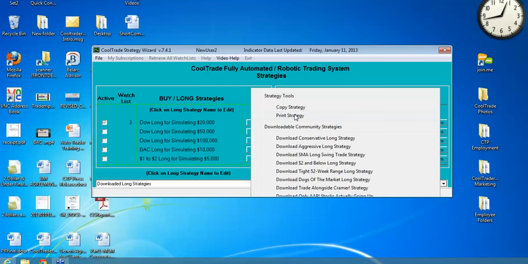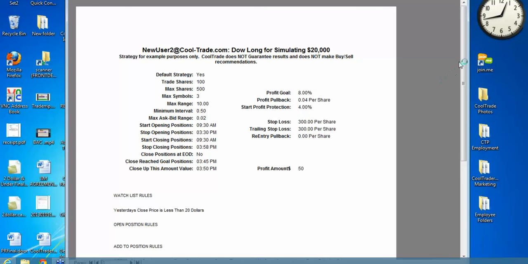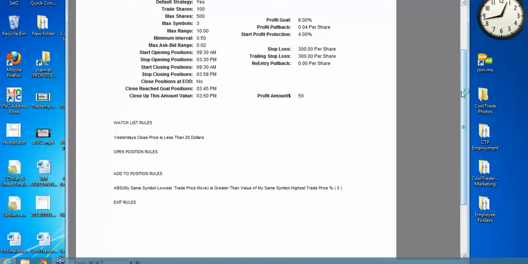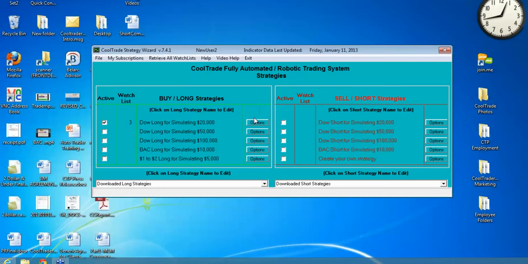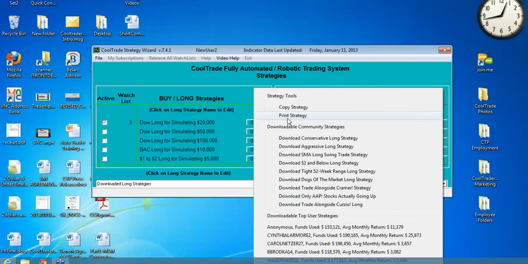One, if you want to just look as a quick reference at that strategy, it's going to give you a quick look at the strategy, which is telling you it's trading 100 share lots, max shares to buy is 500, max symbols to purchase is 3, and it's going to walk you through the start times and stop times, and what the profit goals are and the profit pullback. So it's just going to give you an overview of the strategy. So that's the first one. If you want to look at it as a quick reference, you can here.